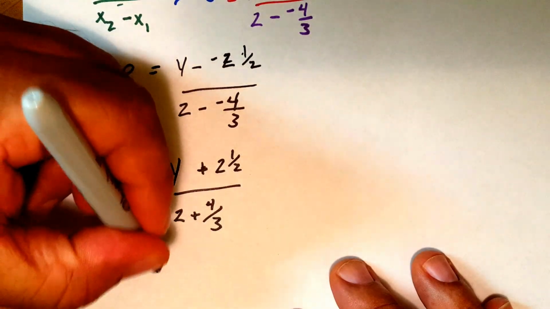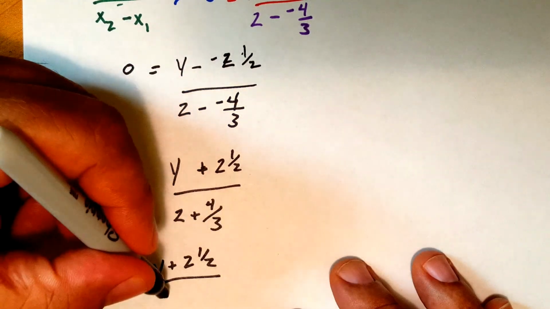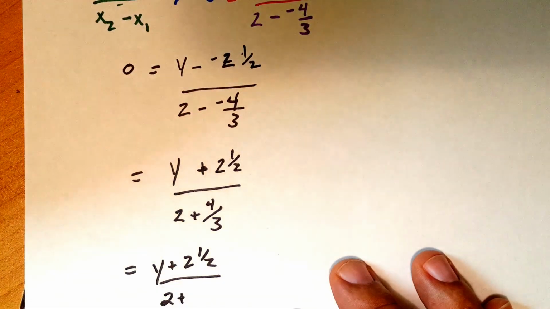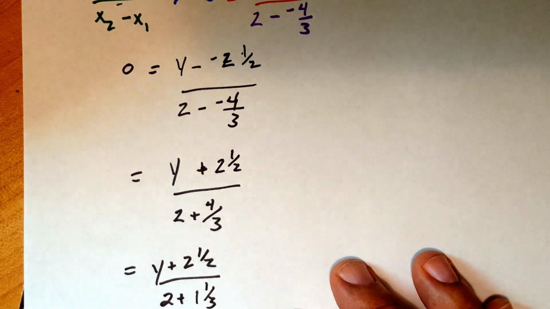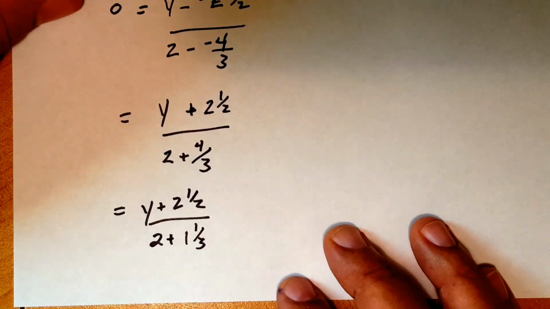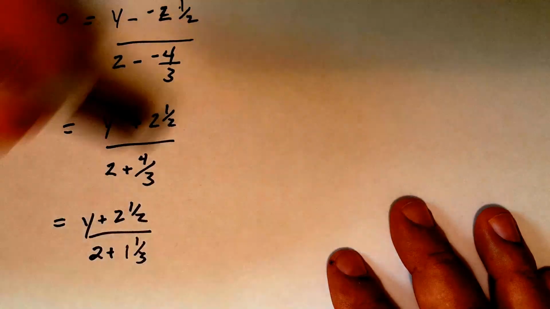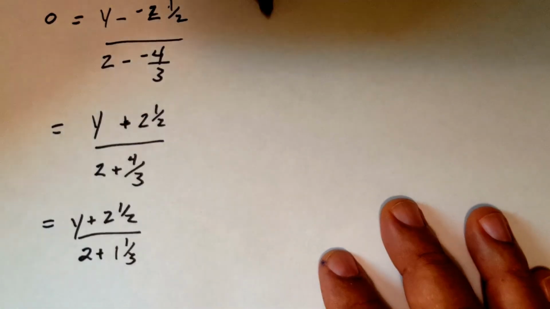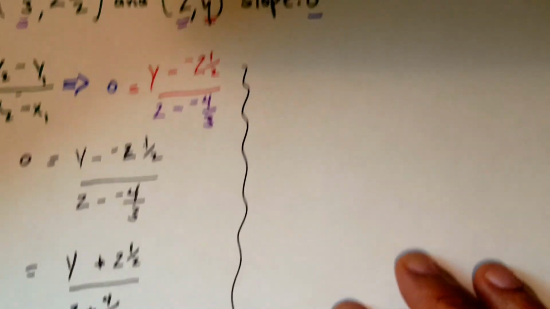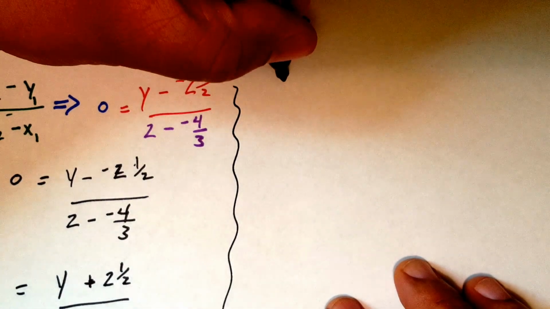And again, take note, every time I do something, I rewrite it with that one little change, so that way I can track if I've made a mistake and see where I've made my mistake. Going over, I'm going to have my y plus 2.5, 2 plus 1/3. So 2 plus 1/3 is just 3 1/3.